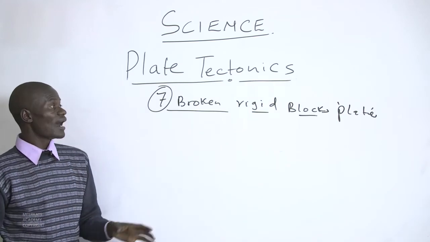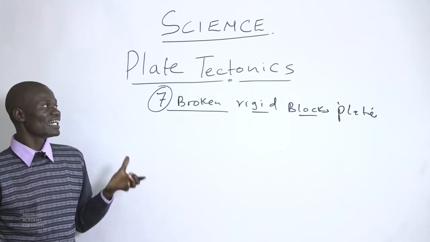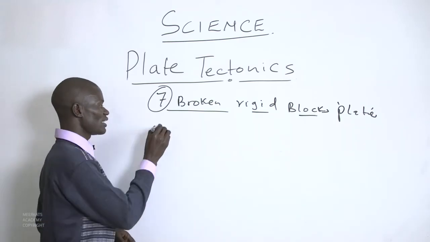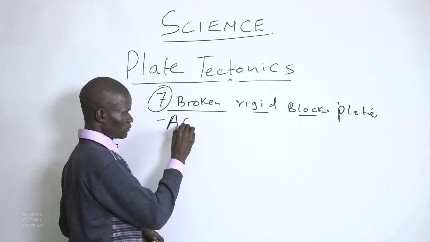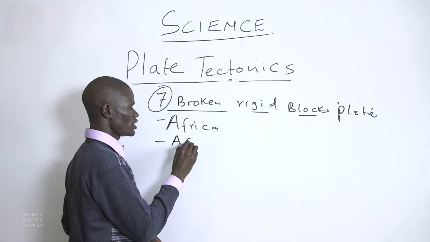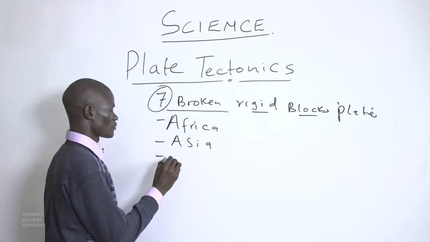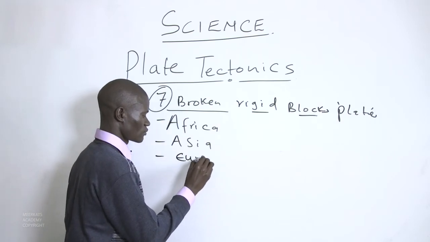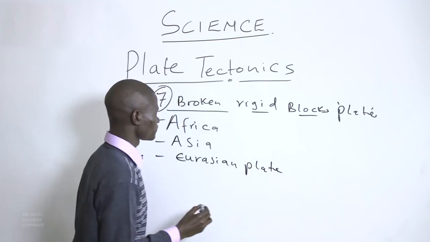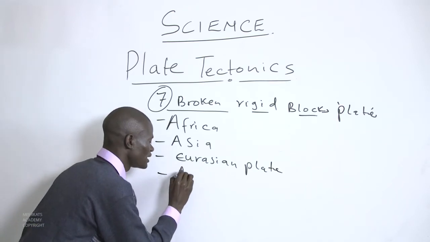These pieces are 7 main blocks, and they include Africa. We have Africa, we have Asia, we have the Eurasian Plate. You can remember another plate, the Australian Plate.